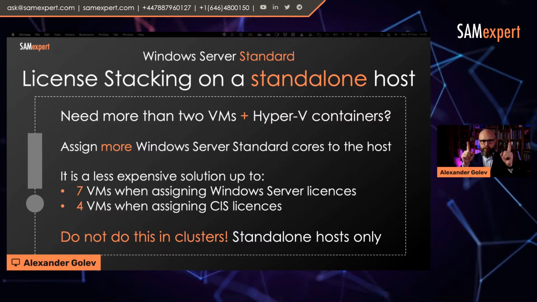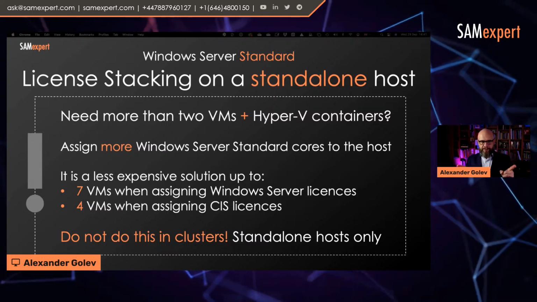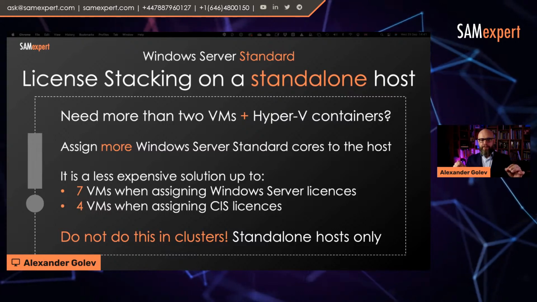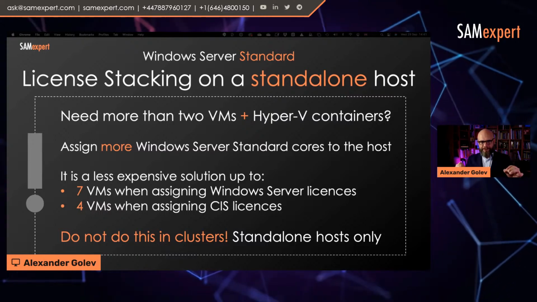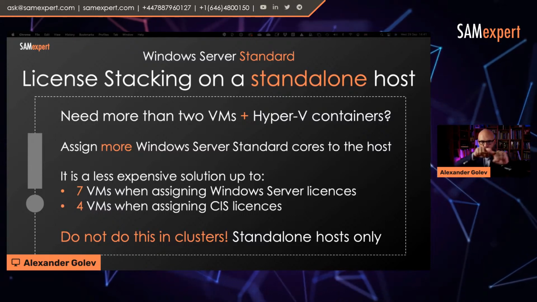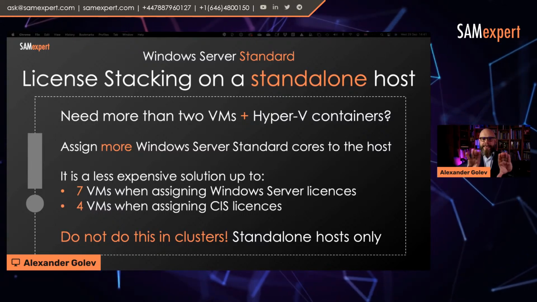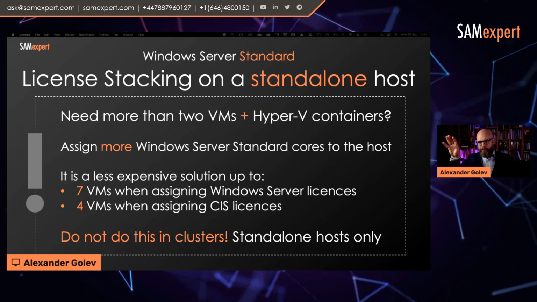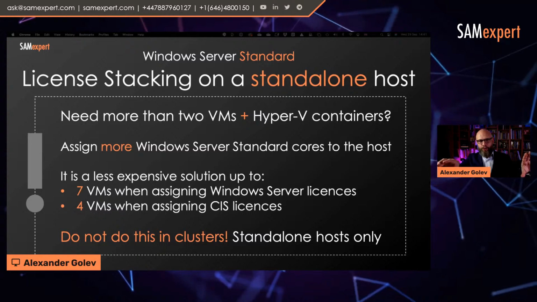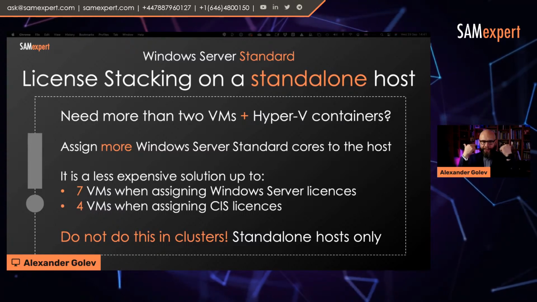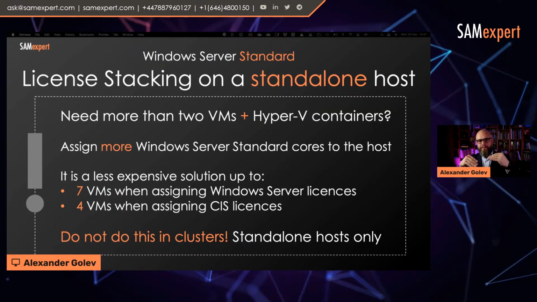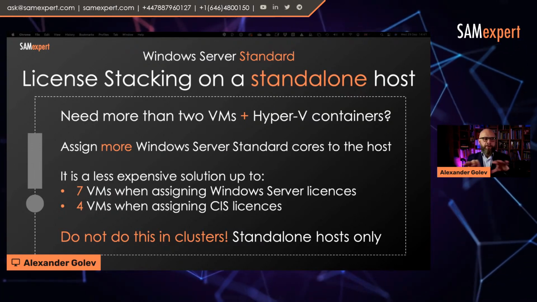For those of you who really understand the advanced side of how clusters work, if you have less than 7 Windows Server machines in total in the entire cluster, then it also makes sense to assign standard licenses to the cluster. In my head, I have these 7 and 4 thresholds because I've done this exercise many times for a cluster.